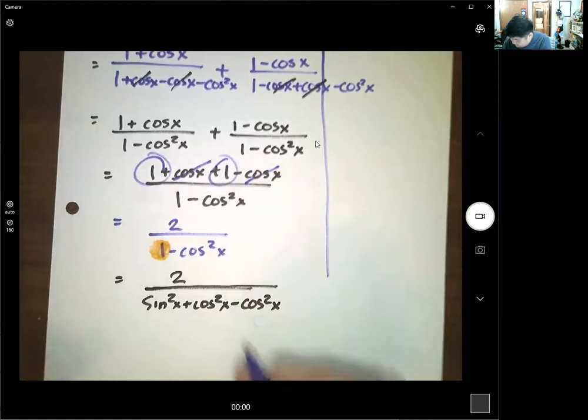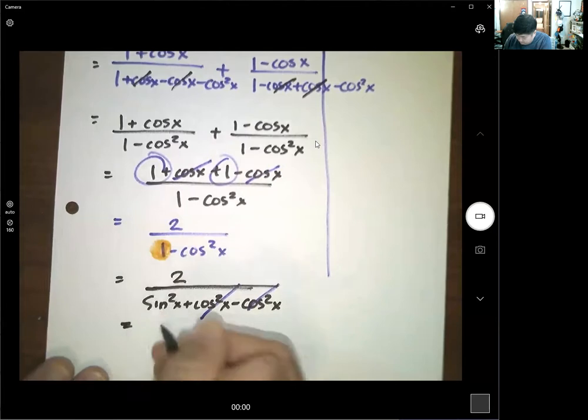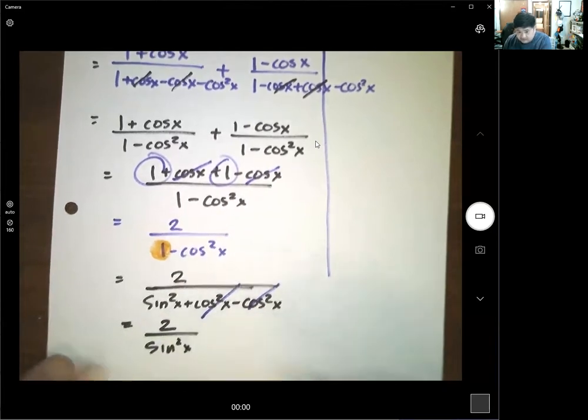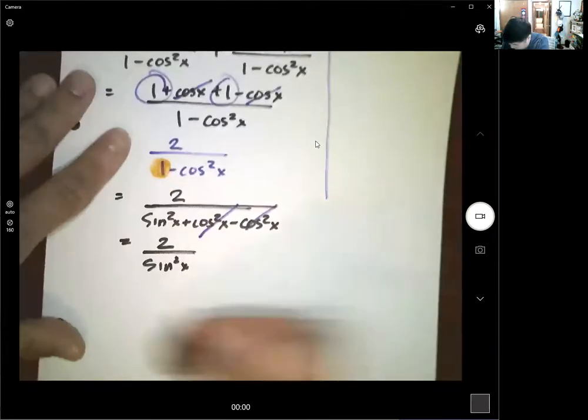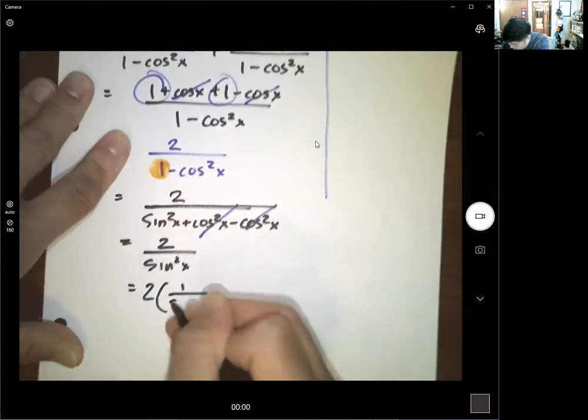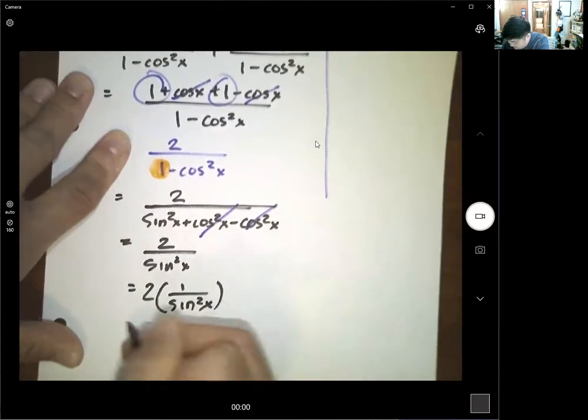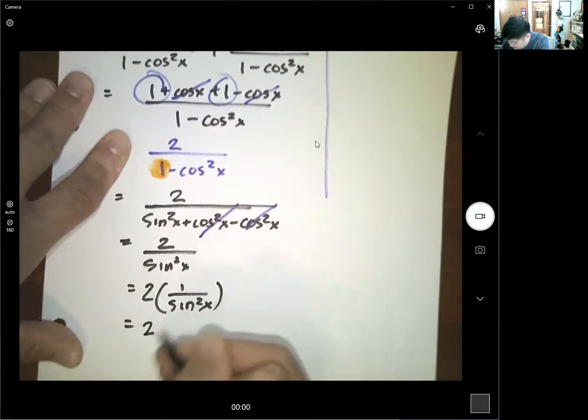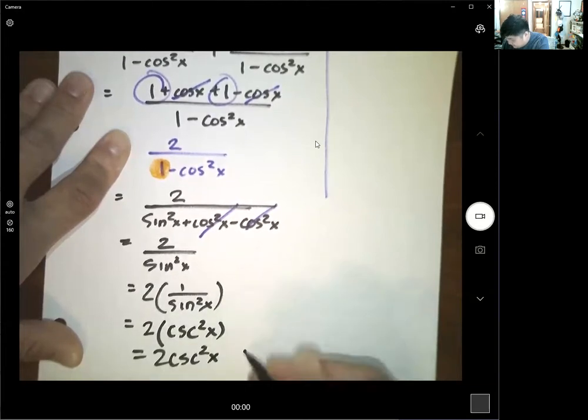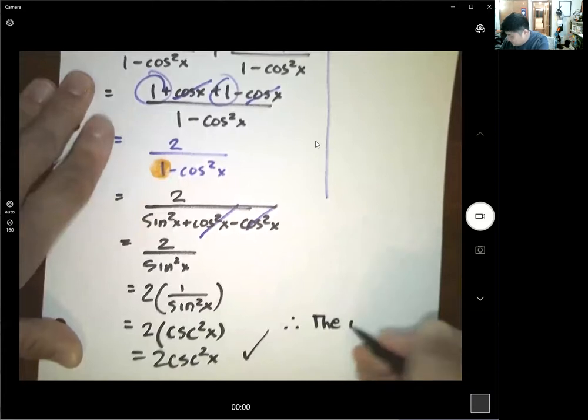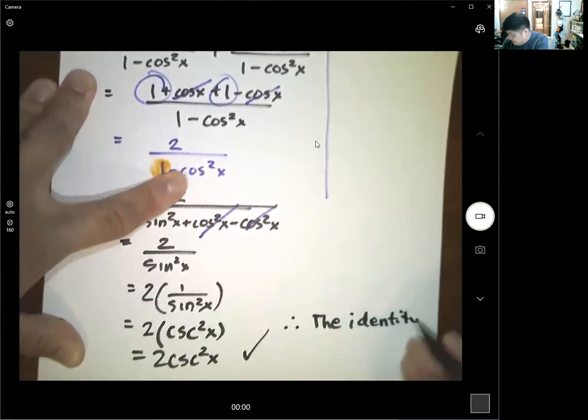So the cosine squared x's zero out, and I have 2 over sine squared x. Another way to write this is 2 times 1 over sine squared x, and that's cosecant squared x. So it's 2 cosecant squared x, and therefore the identity is verified.